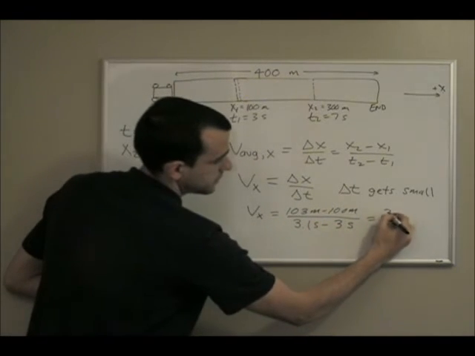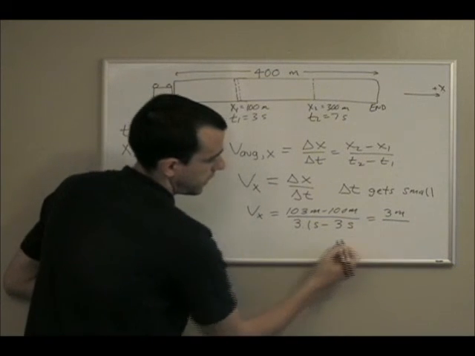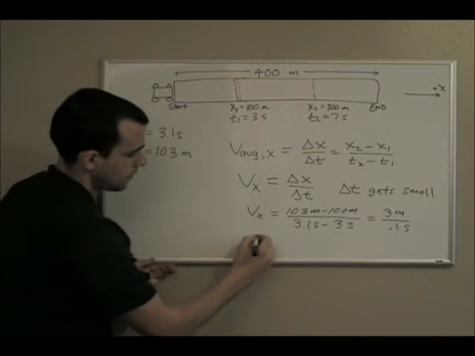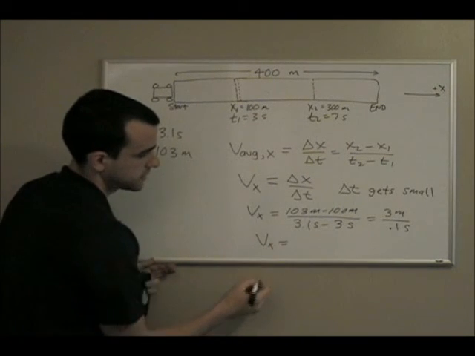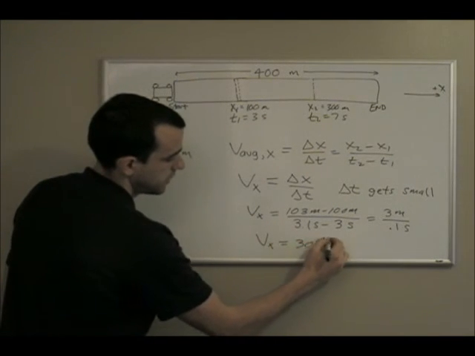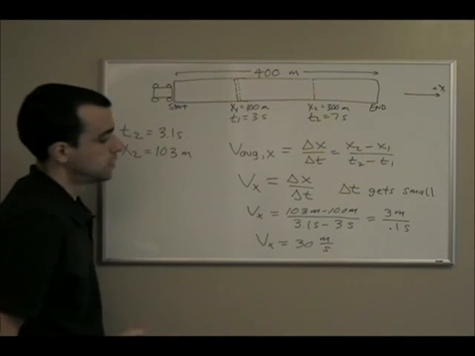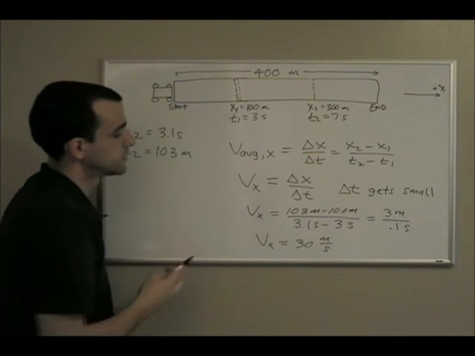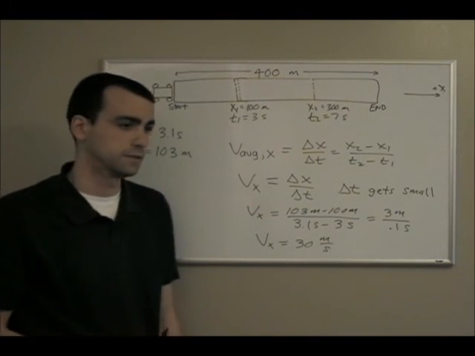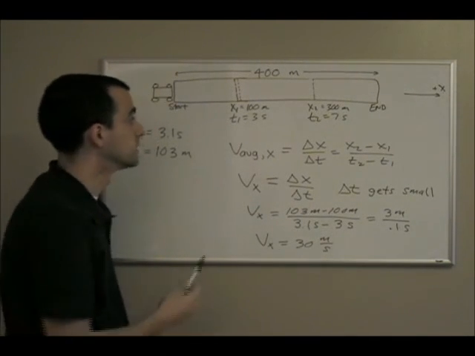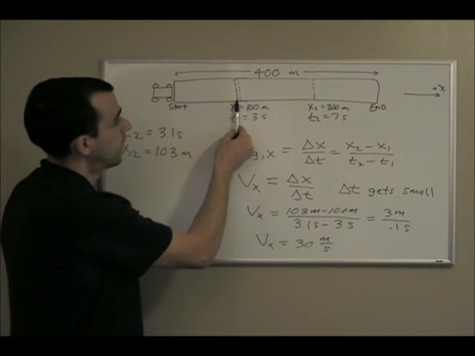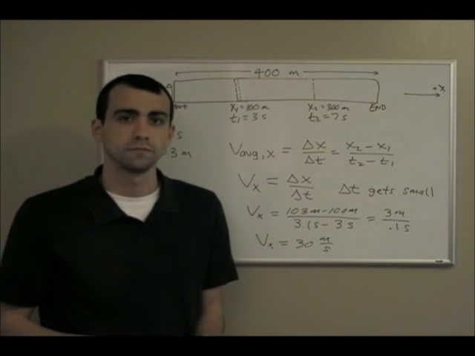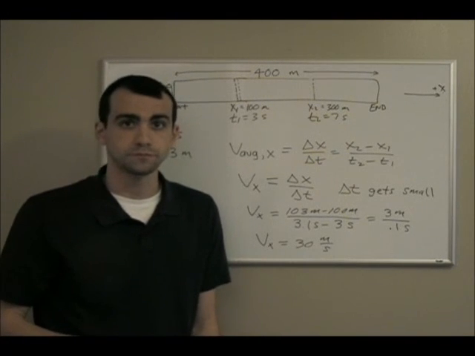So this is 3 meters divided by 0.1 second, or a velocity of 30 meters per second. So at the moment that this car hit the first line, it was traveling about 30 meters per second. Or again, another way you can look at it is its average velocity between 100 meters and 103 meters was 30 meters per second. And that's instantaneous velocity.